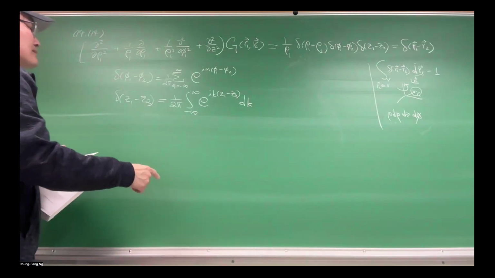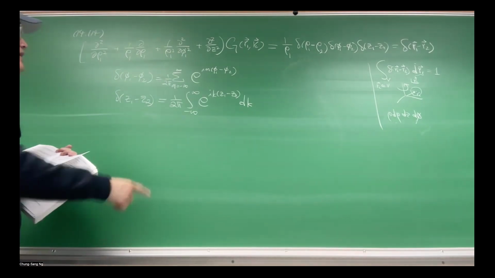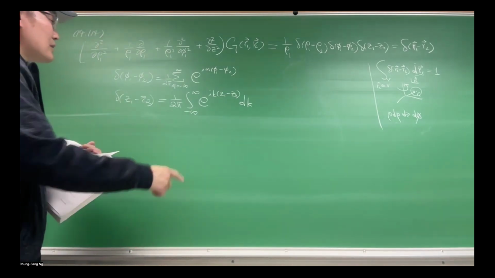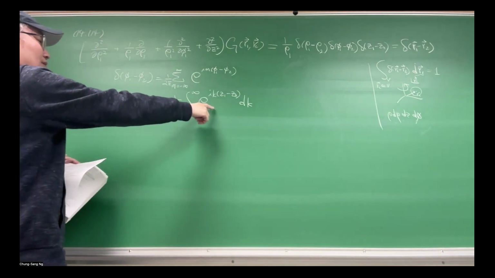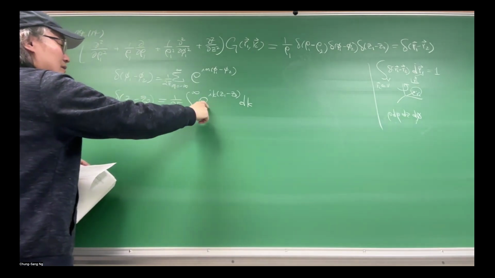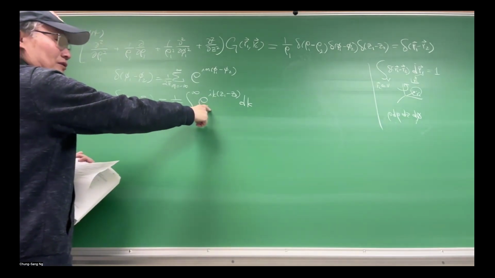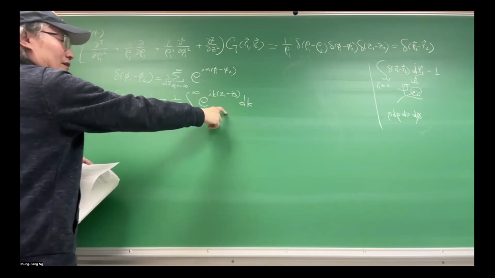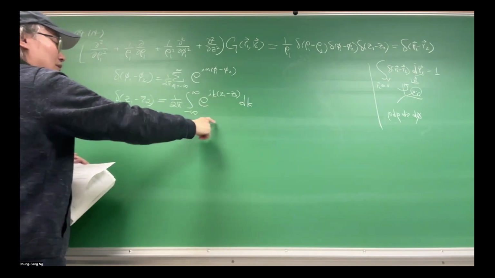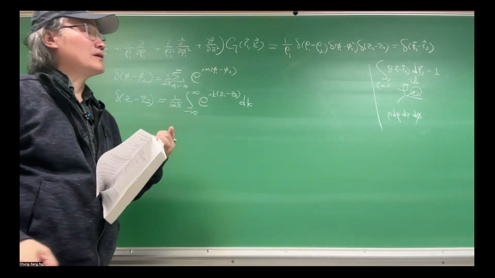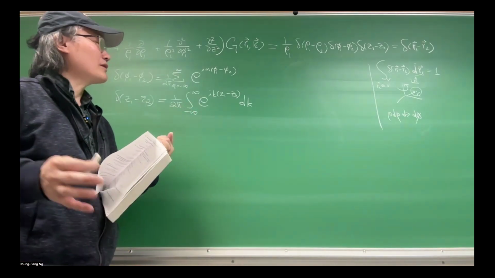And so you can leave it like that, or like your textbook, you use the symmetry property of the integrand, because the exponential function becomes cosine and sine, right? Cosine is an even function, sine is an odd function. You integrate k from minus infinity to infinity. The odd function does not contribute, it cancels.